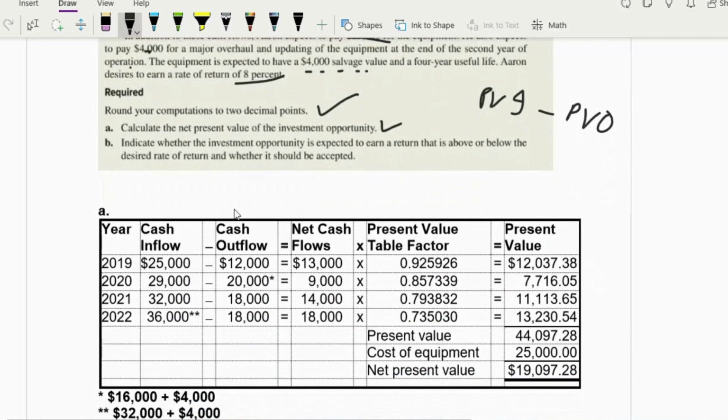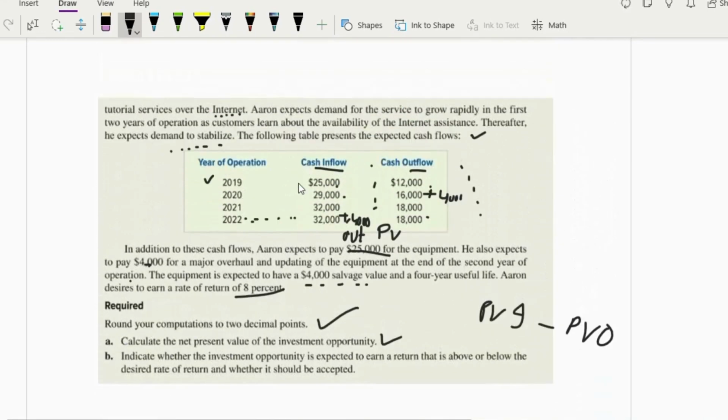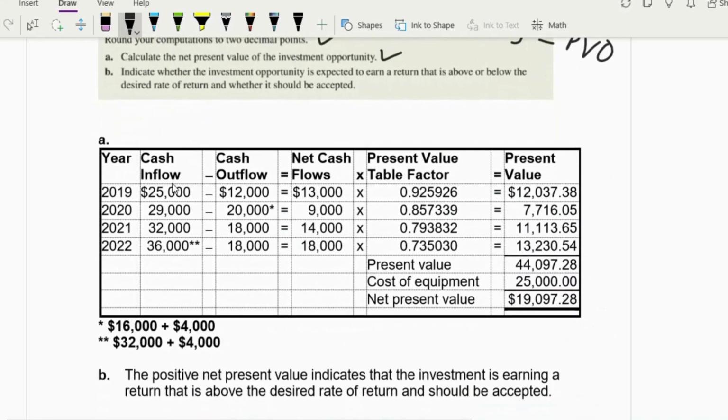If you see over here, instead of doing present value for all these 8 amounts, let's do the net amount every year and then calculate its present value. So inflow for first year is 25, outflow is 12, so when you minus it, that is 13. Then after that, inflow of 2020 is 29, and then 20,000.